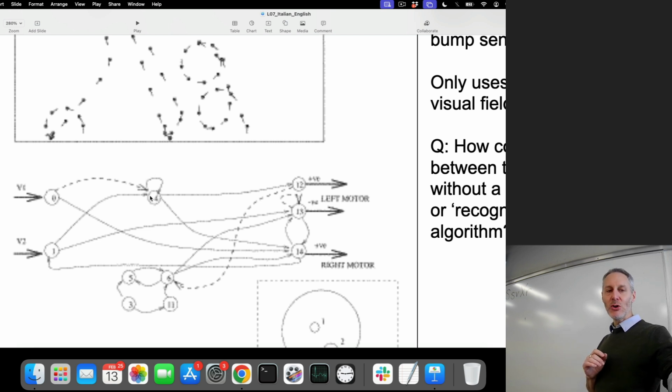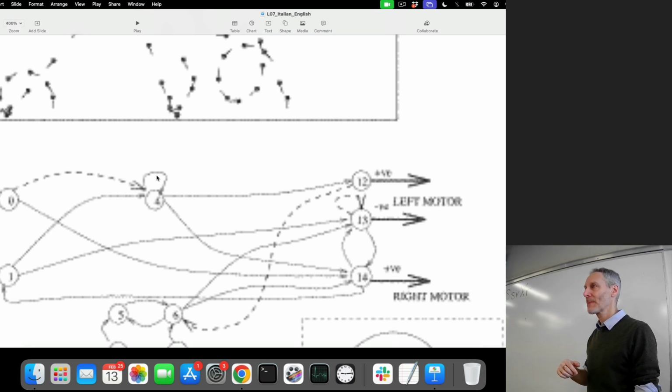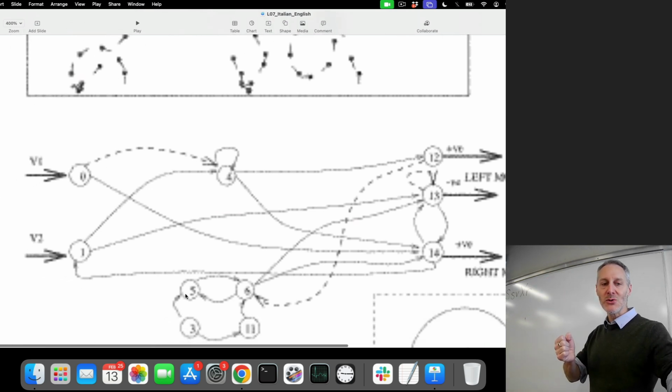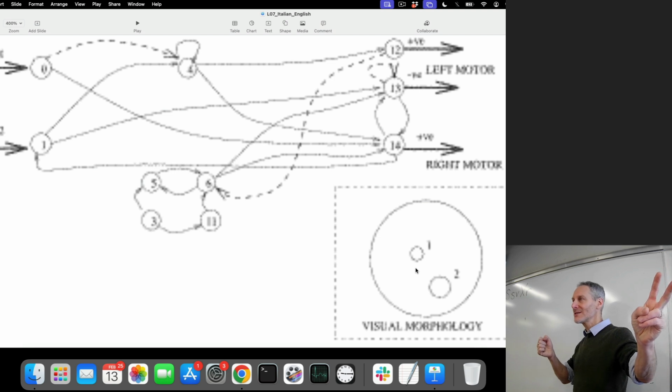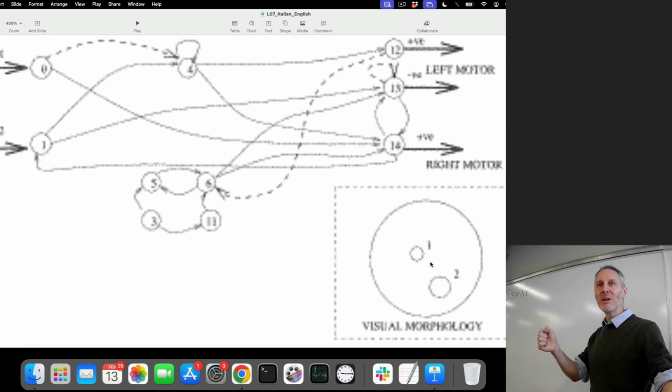It's ensuring that the new value of neuron 4 here is a function of the value of 1 times this weight, plus the value of neuron 0 times this weight, plus the value of itself at the previous time step multiplied by this weight. It's holding on to some internal state and combining it with incoming information from these two sensor neurons, which are connected to the two fovea. It's remembering stuff from before.